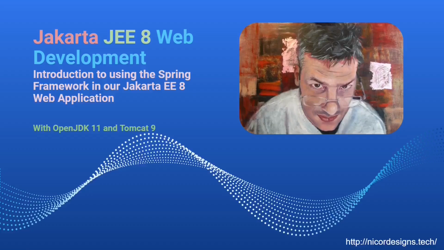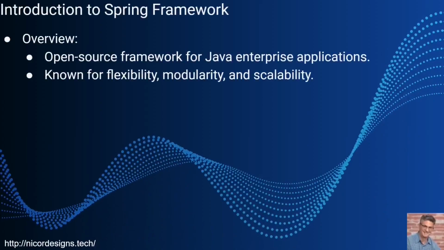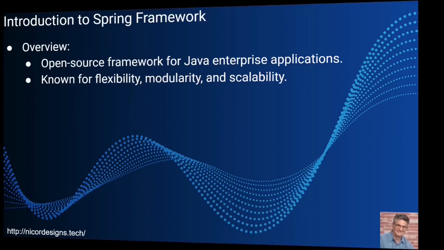In this tutorial, we will introduce the Spring framework and how we can use it with our Jakarta Java Enterprise Edition version 8 application. The Spring framework is an open source framework used in Java Enterprise application, and it's known for its flexibility, its modularity, and scalability.